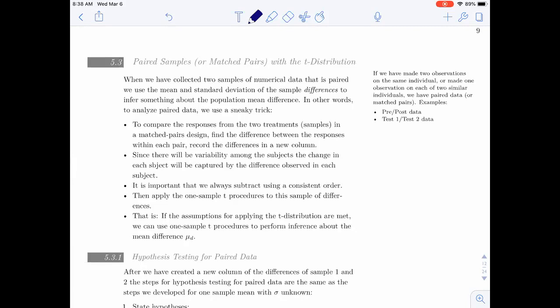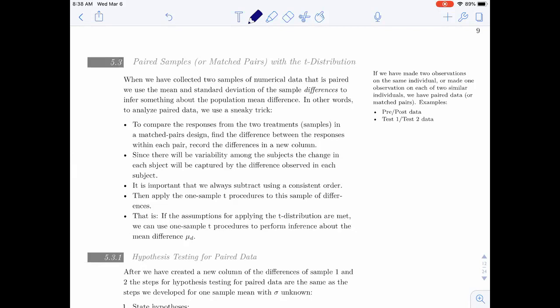And then we just analyze those differences as if they were one sample. And so that brings us back to the hypothesis testing scenario and the confidence interval that we just did in the previous section, a one sample mean sigma unknown, but the special case where we're talking about one sample of differences.